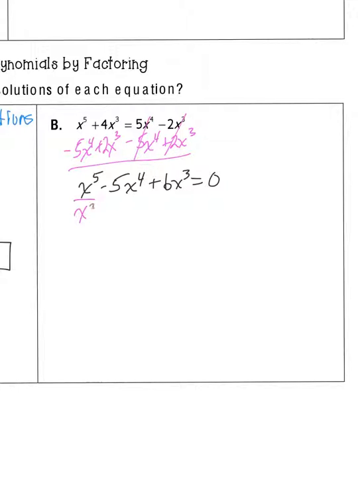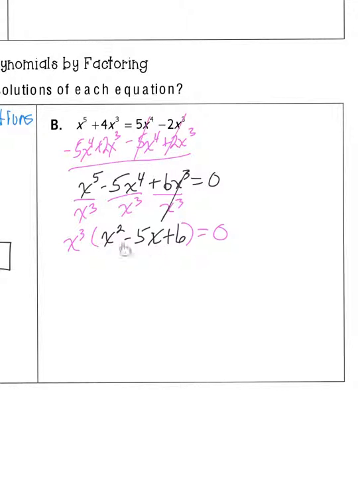So I'm going to divide by x cubed and pull an x cubed out in front. So x to the 5th divided by x cubed is x squared minus 5. X to the 4th divided by x cubed is just x. And then these are going to cancel, and we have plus 6.